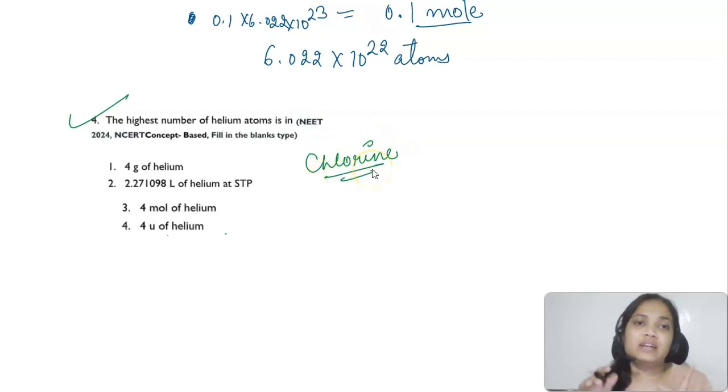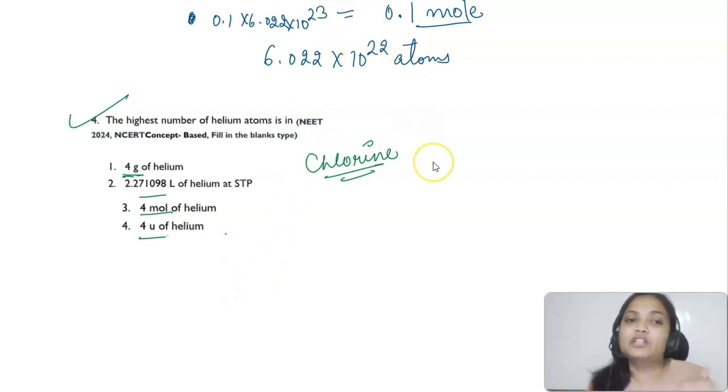So don't you think NTA can replace it with any other atom and give you the same kind of question? Of course, they can actually change the quantities also. So that is where we have to check the mindset, what kind of question is being asked.